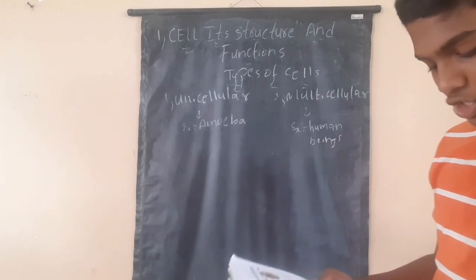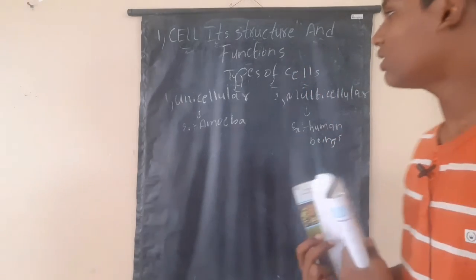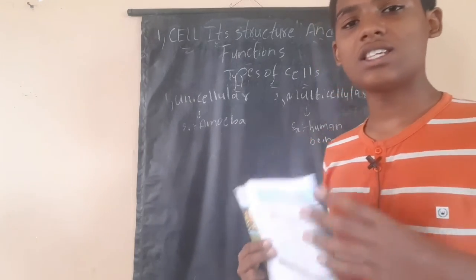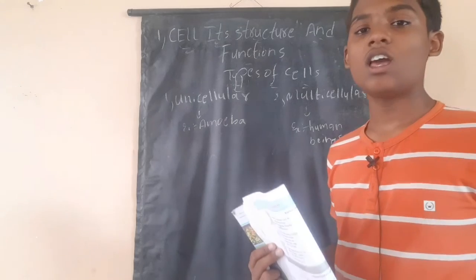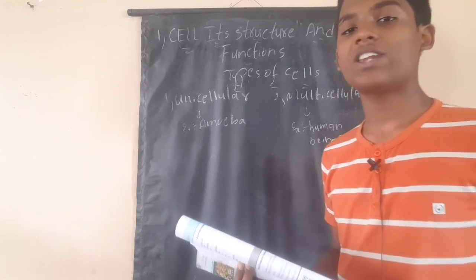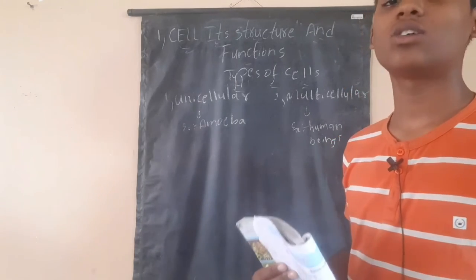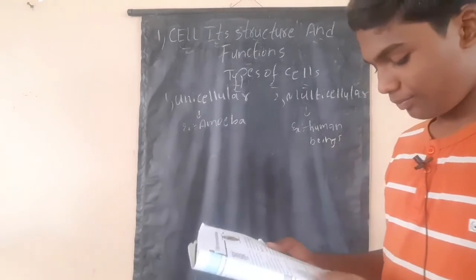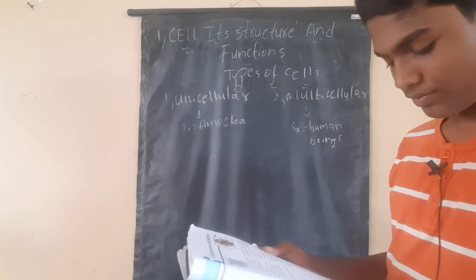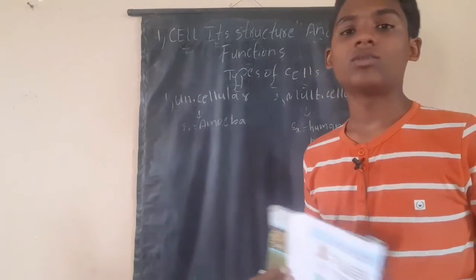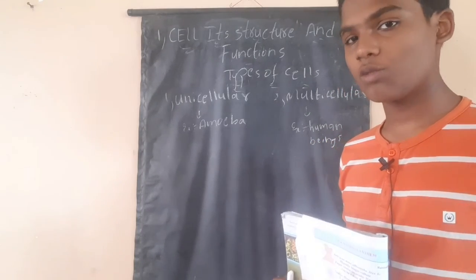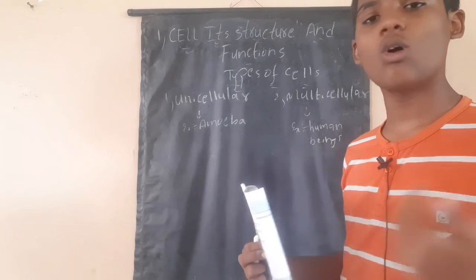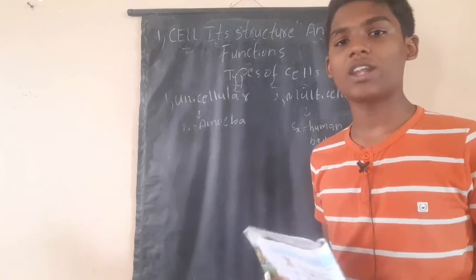Cells are studied under the microscope. We can see cells through a microscope. Cells are very tiny, so we cannot see them with our naked eyes. There are two types of microscopes, the normal microscope and the electron microscope, and many other types as well.